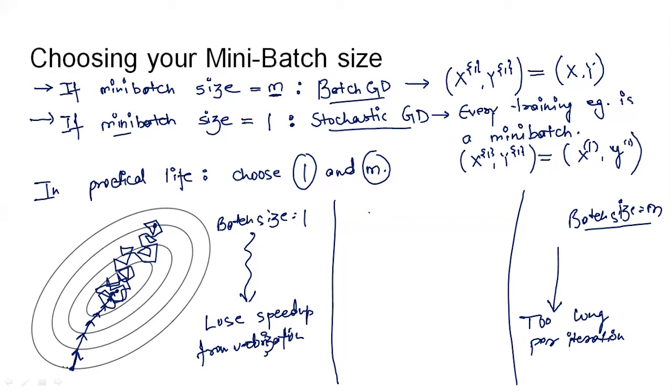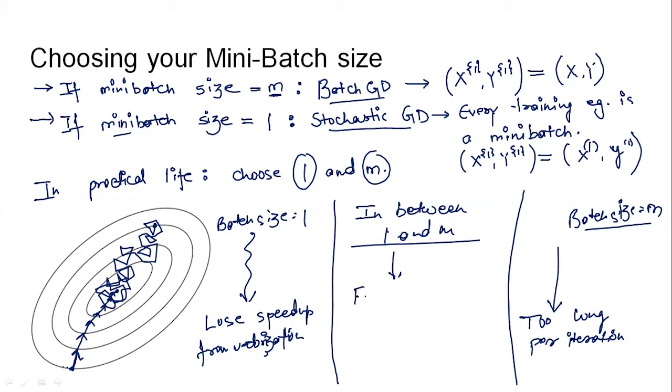Now we are going to see the optimal case, that is you choose a value in between 1 and m. In this case, this is generally giving you the fastest result, and there are two things that benefit us.